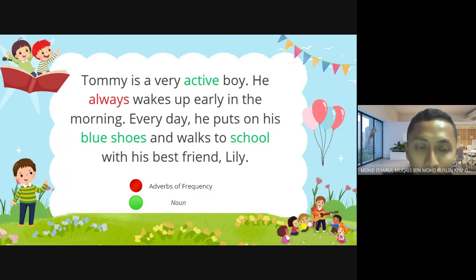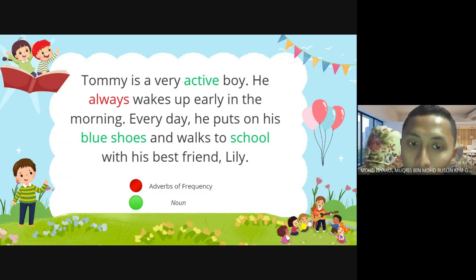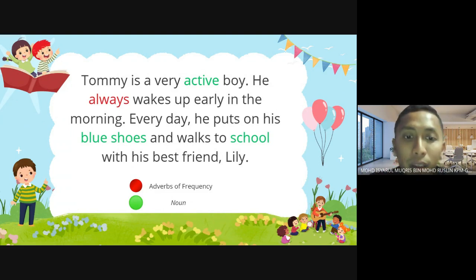As you can see, I have differentiated between adverbs of frequency and nouns by coloring the words in green and red. The story includes repeated use of adverbs of frequency such as always, usually, often, and never, as well as examples of common and proper nouns.